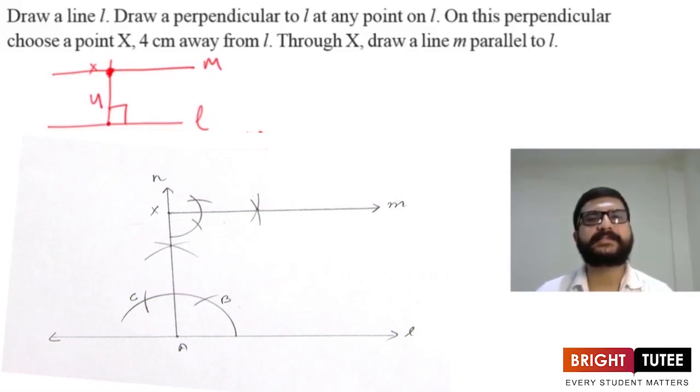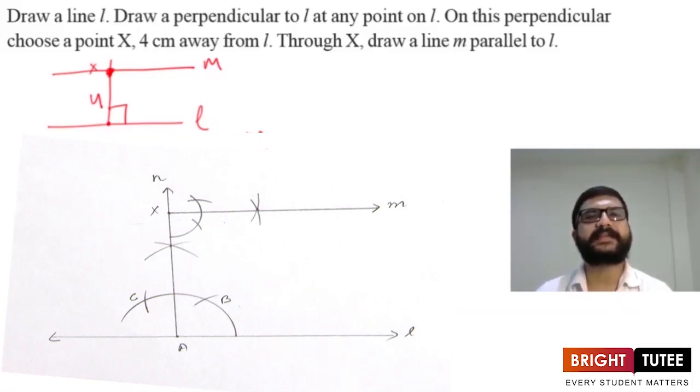Now the next step is, we have to draw a perpendicular at X. So the next step will be to construct a 90 degree angle on line N. This is the perpendicular we have drawn, or we can say construct a 90 degree angle on the perpendicular we have drawn, passing through point X, or we can say with X as a vertex.